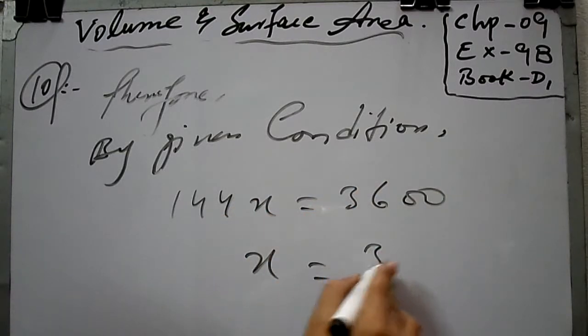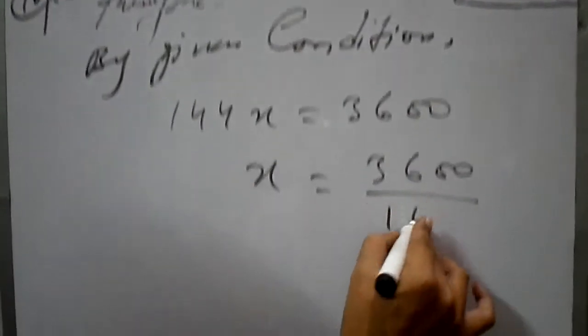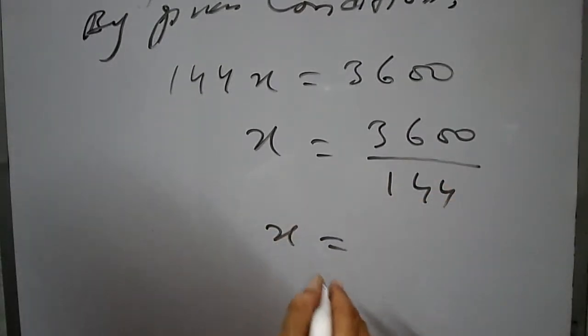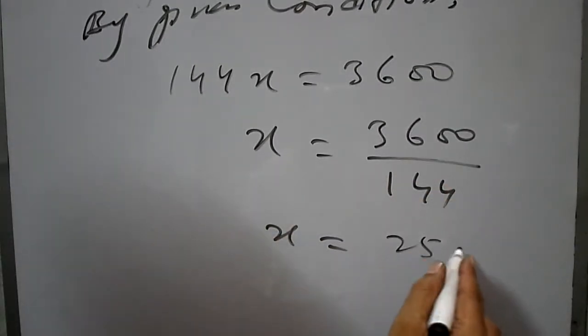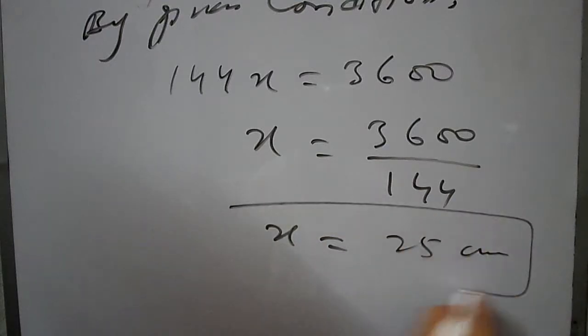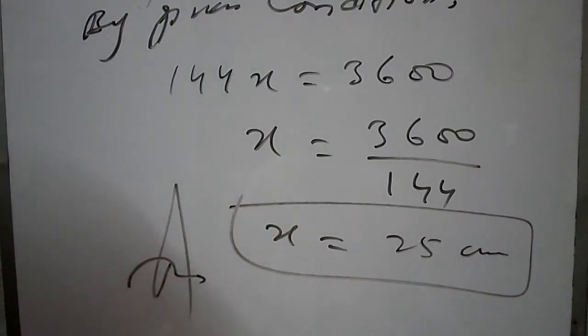You need the value of x. The value of x is 25 centimeter. So that is the result. We have calculated the depth of the second tin.